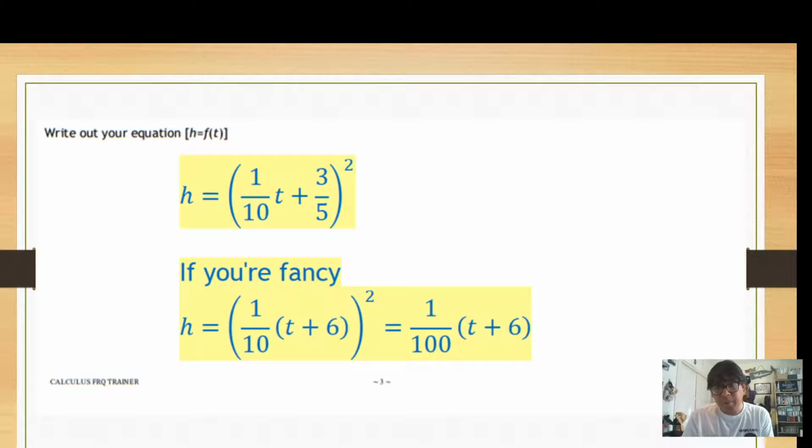So here is our equation for h. You'll probably find that a lot easier to compute than 1/10 t plus 3/5, whole thing squared. I'm also noting that it's missing a square over there, so don't get confused. It'll be a square when you look at the answer key. There we go, much better.